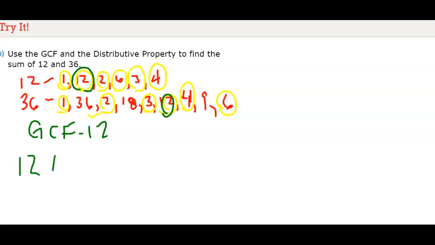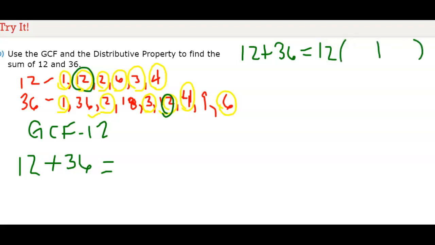Okay, so now it's asking us to use the GCF and the distributive property to find the sum of 12 plus 36. So we are just going to rewrite that using the GCF. I'm going to write this over here just so I have a little more space. 12 plus 36. We take the GCF, which is 12, and then put parentheses, leave some space, and put a plus sign. So you now have a blank space plus a blank space.